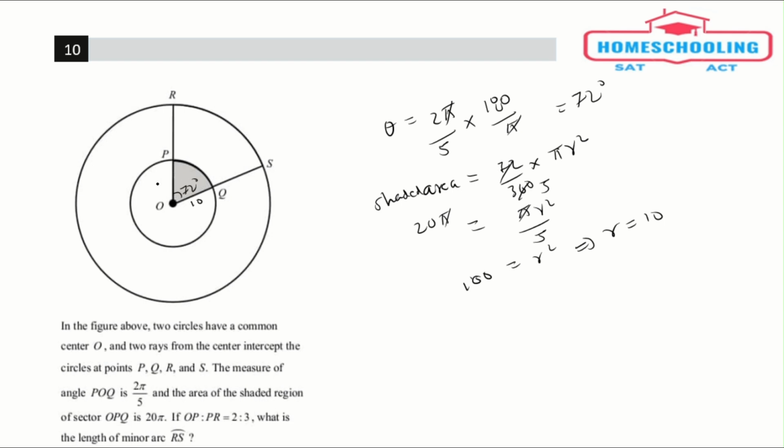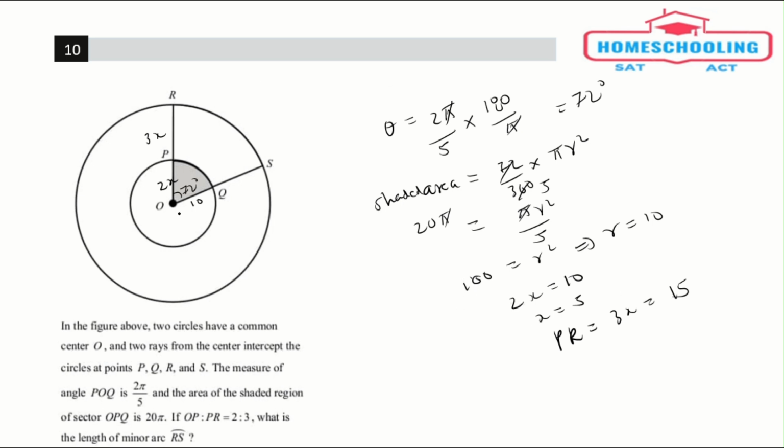If OP is 2x, then PR is 3x. We know OP, the inner radius, is 2x, which is equal to 10, so x is equal to 5. So PR is 3x, which is 15.